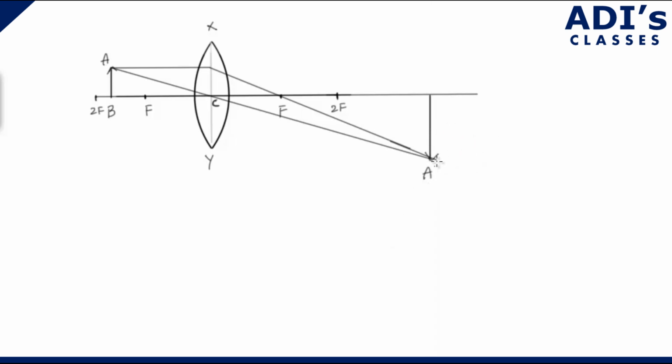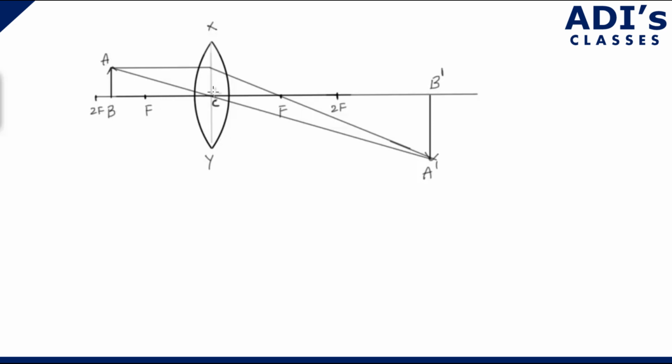Let's call this A dash, and this B dash. So AB is the object and A dash B dash is the image. Fine.